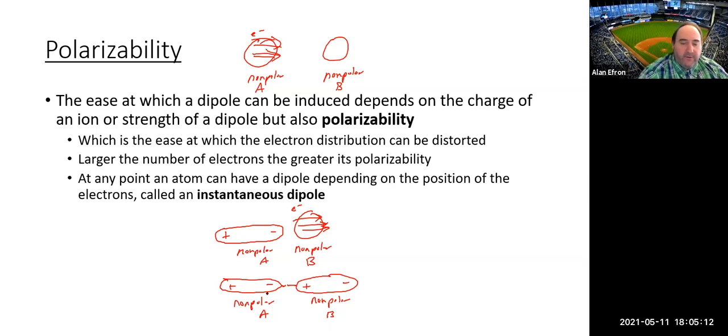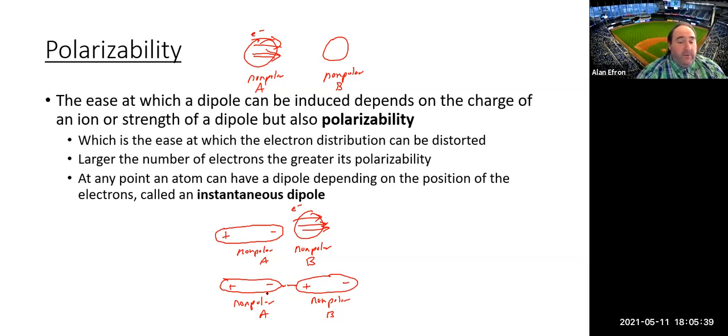The ease or ability with which a molecule can have its electrons move one way or the other is what is known as polarizability. So the greater the polarizability, the easier it is for those electrons to be distorted, moving around in this situation.